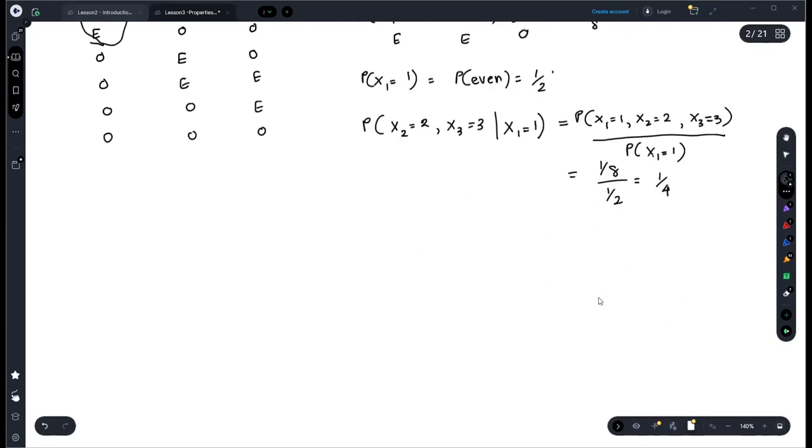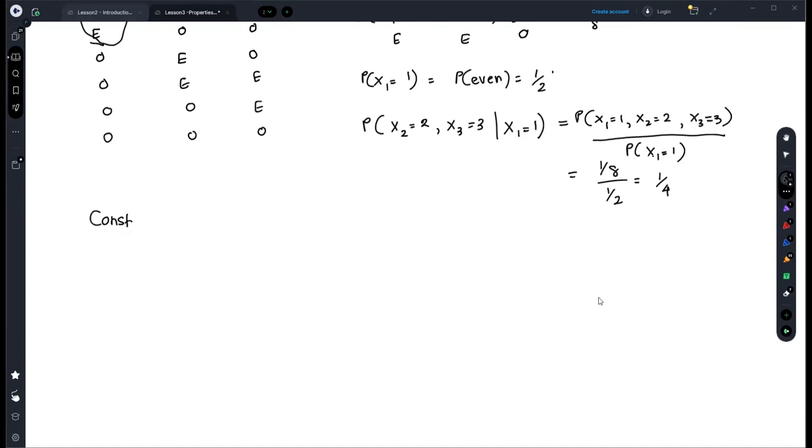Using this pattern, can you construct the joint PMF, the joint distribution of x2 and x3 given x1? Let's say x1 equals 1.